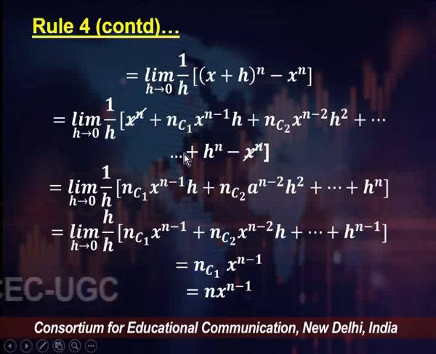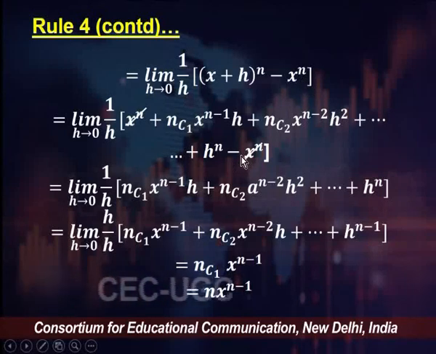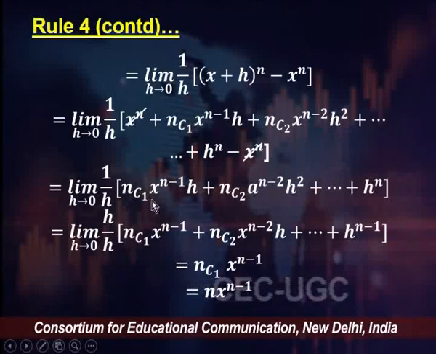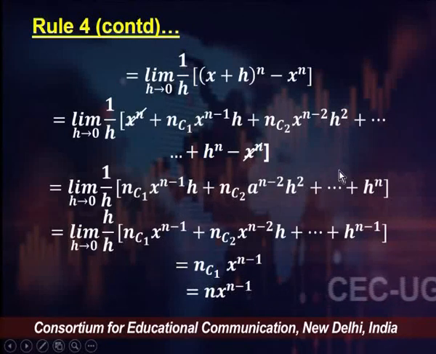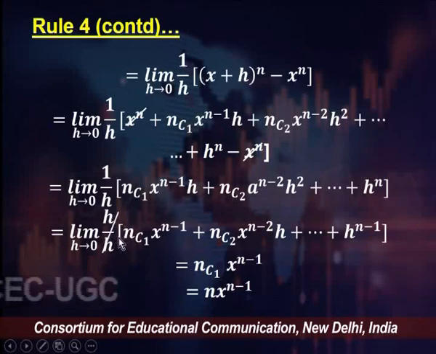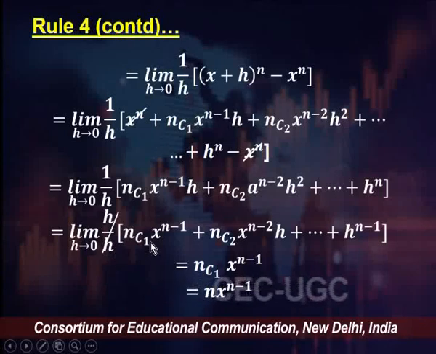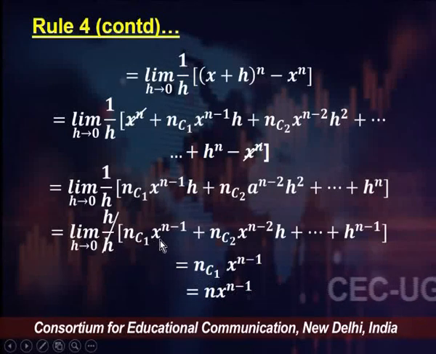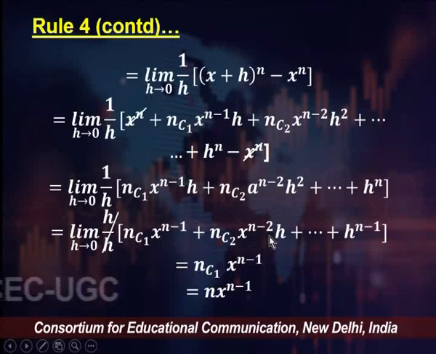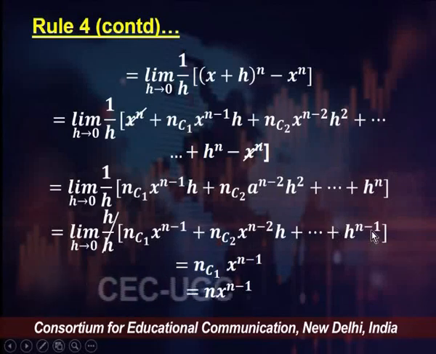So clearly you can see the x to the power n terms will get cancelled. And now in this expression, I have all terms containing an h, so I can take h common, and you can see the h in the numerator and denominator will get cancelled. In the brackets, I'm left with nC1, which is nothing but n, x to the power n minus 1, plus these terms which contain higher powers of h.